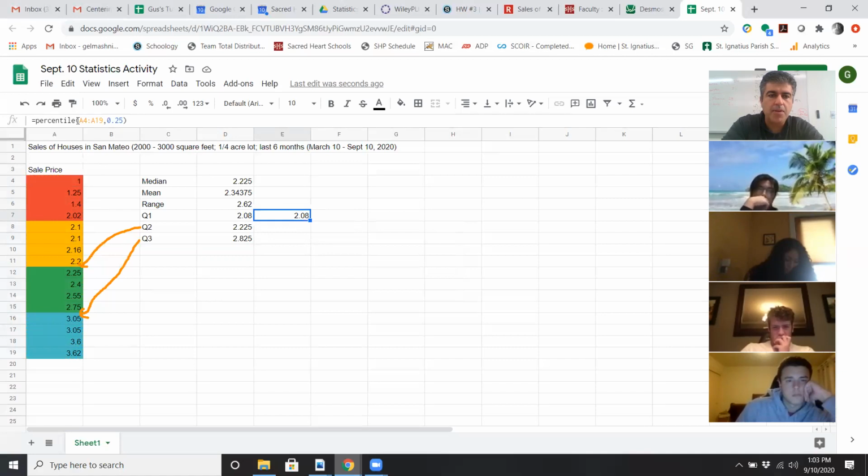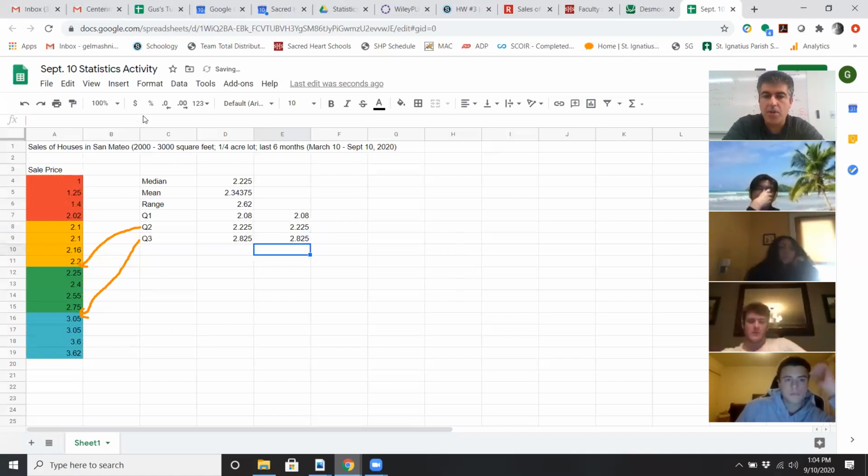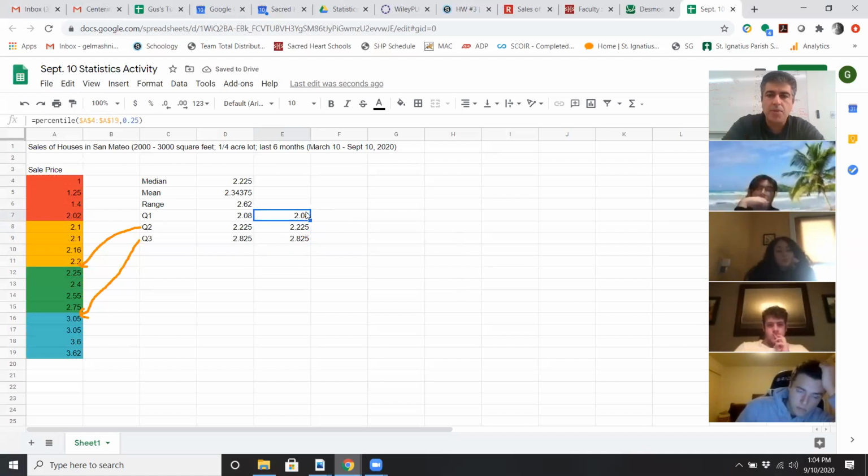And then let me put $ here. Again, I'm recording all this, and I'm going to share this with you guys so you have access to this. And if I drag, I want the 50th percentile, 75th percentile. So it gets the same thing. You could also do that as an option, percentiles. So Excel is going to be kind of your best friend here, or a Google spreadsheet, which is like Excel.